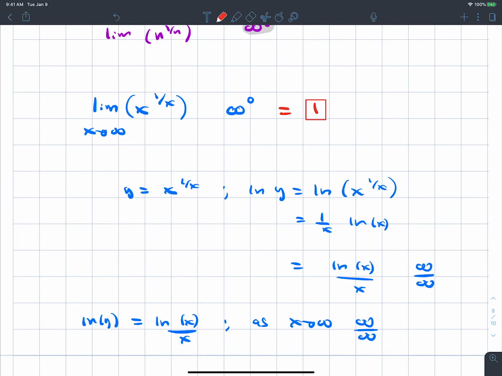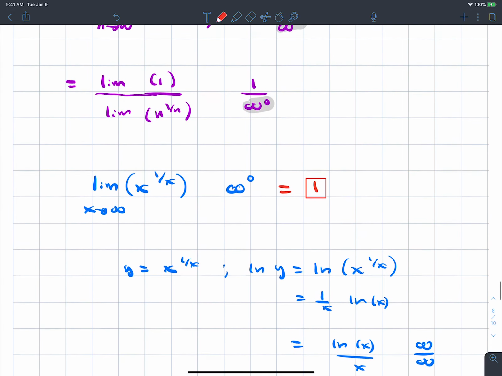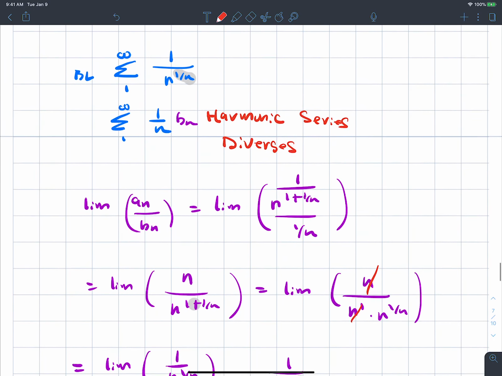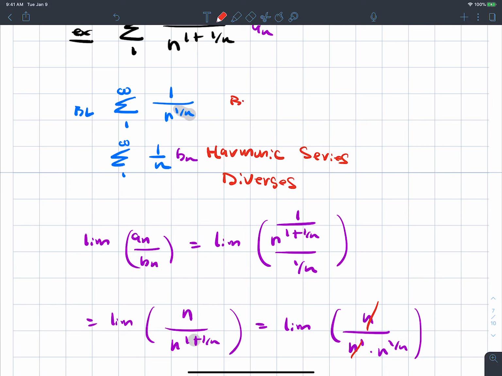which means for our sequence that this portion here is 1. So we have really 1 over 1, which we know as 1, and that's your constant, that's your c in the limit comparison test, right? It's finite. So we say by the limit comparison test, we have divergence.